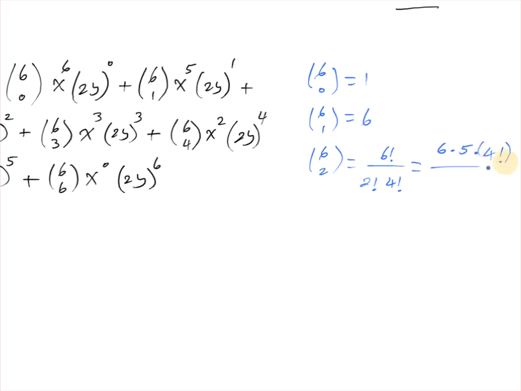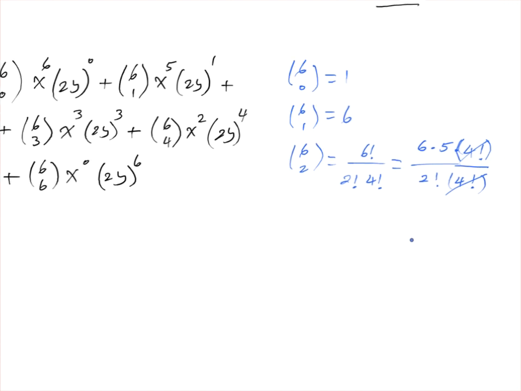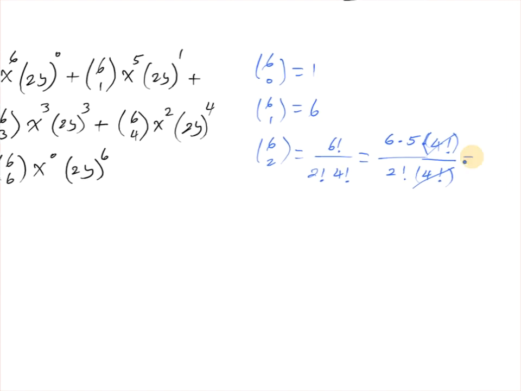And I'm going to put it in parentheses. In the denominator you have 2 factorial times 4 factorial, and now you can reduce the fraction by dividing by 4 factorial. So what you get is 6 times 5 divided by 2. 2 factorial is just 2 because 2 times 1. 6 divided by 2 is 3. 3 times 5 is 15. So 6 choose 2 is 15.